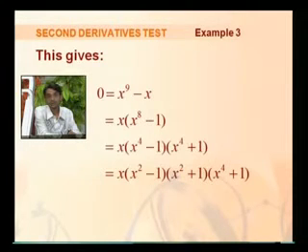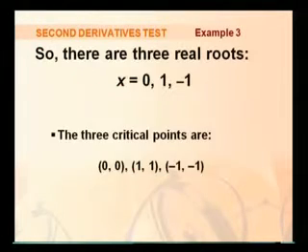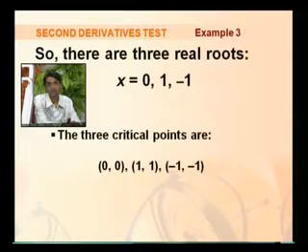Which is equal to x into bracket x raised to 8 minus 1, and by the factor formula, we will get x into x square minus 1 into x square plus 1 into x raised to 4 plus 1. By solving this, we will get the three real roots: x is equal to 0, 1 and minus 1, and simultaneously we will get the values of y, because we have the relation between x and y.